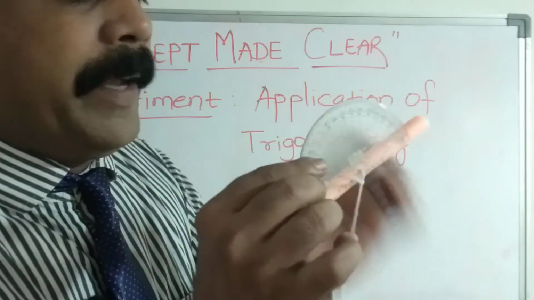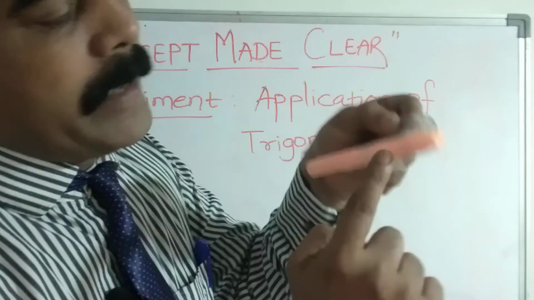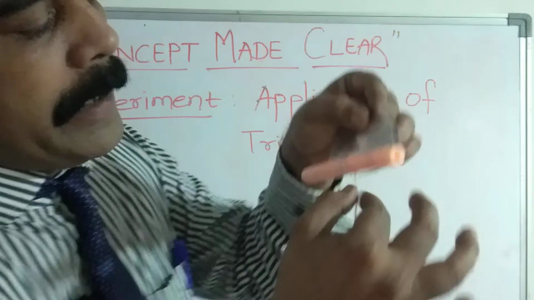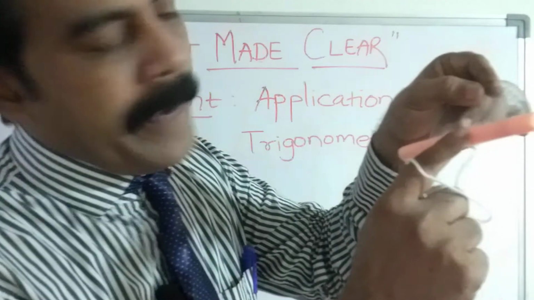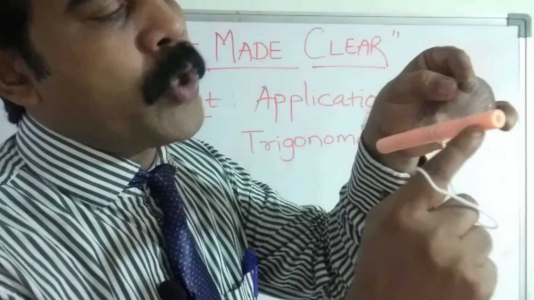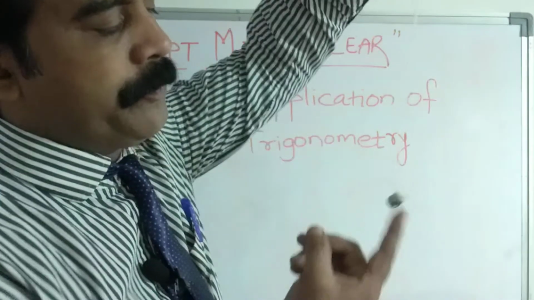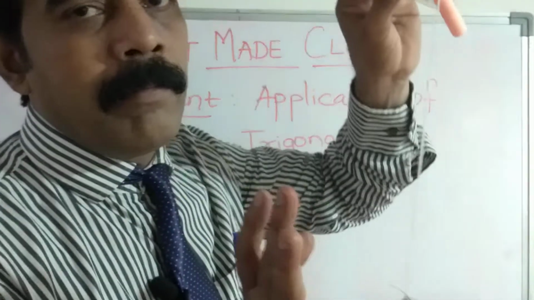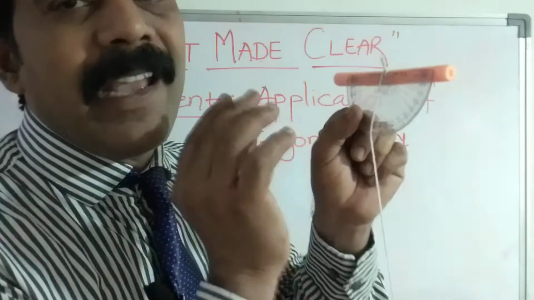Then fix one straw with sellotape at the base of the protractor, tie the thread, and on the other end tie one hex nut. So this is the basic simple machine, known as the inclinometer.